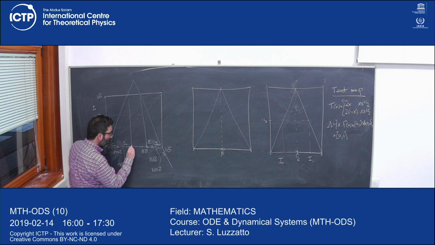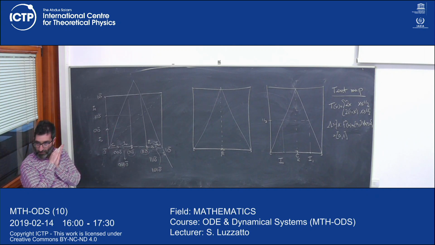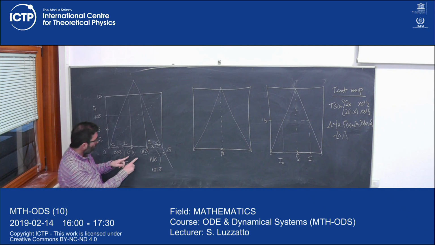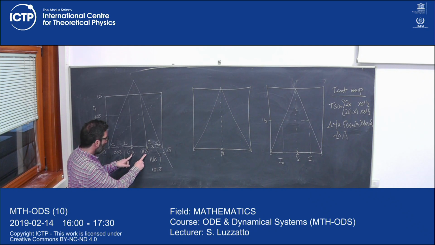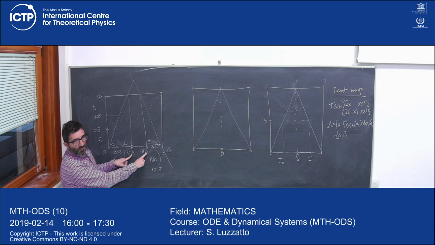This point here belonged to the Cantor set, and it had this coding here. This point here belonged to the Cantor set, and it had this coding, and you're gluing together those 2 points. What is the relation between the coding of these 2 points? One starts with 0, 1, and then all zeros, and the other one starts with 1, 1, all zeros.